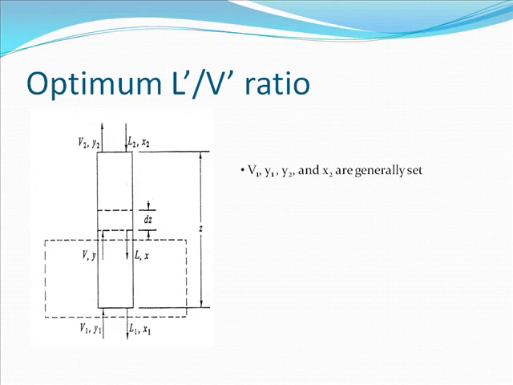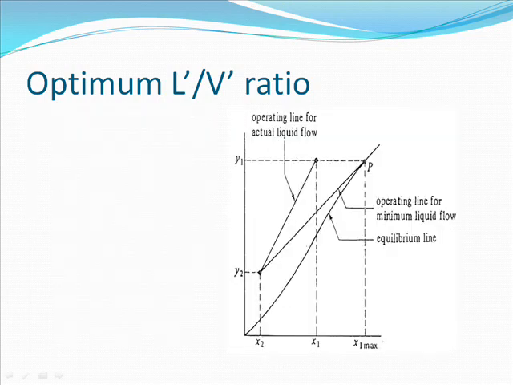For a packed tower, V sub 1, Y sub 1, Y sub 2, and X sub 2 are usually set. So only L prime can be adjusted so as to optimize the L prime over V prime ratio. A higher L prime will result in a higher L prime over V prime ratio and vice versa.